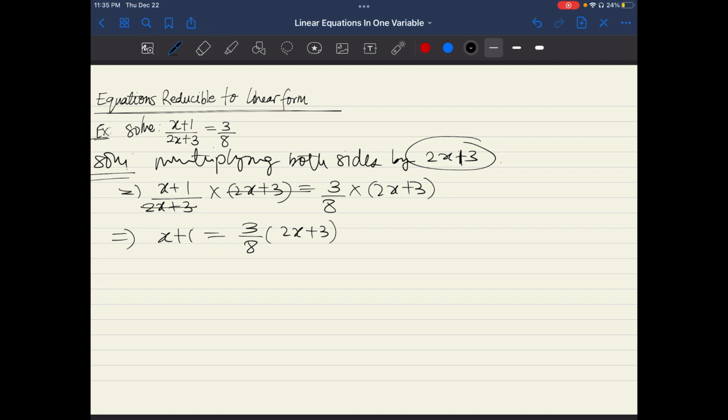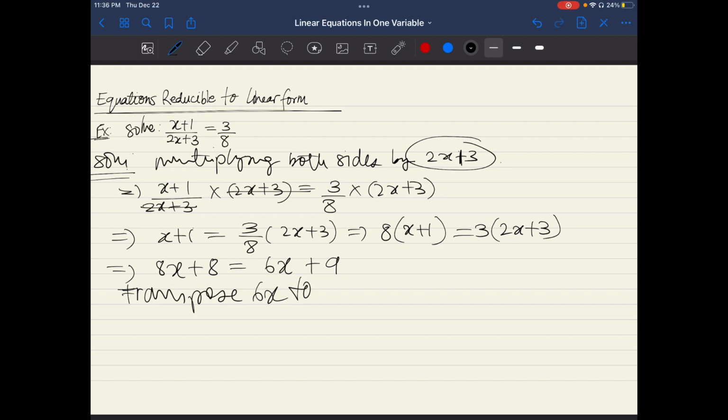And we've solved many equations of this sort before. So we can simplify this, and it'll turn out to be 8 times x plus 1 equals 3 times 2x plus 3, which is 8x plus 8 equals 6x plus 9.